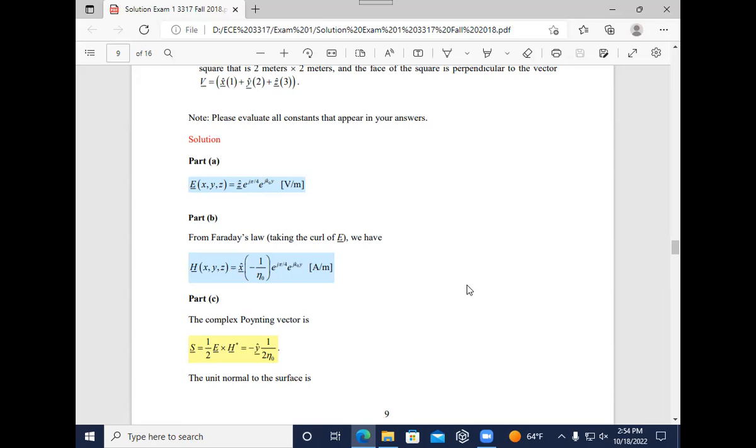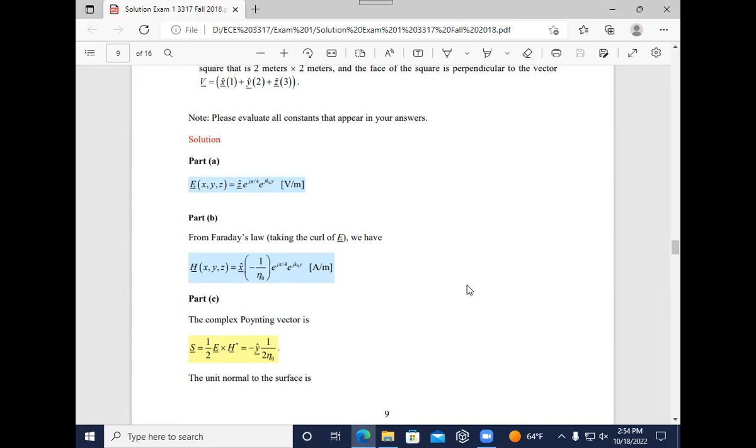The formula for curl of E. Now, notice that we only have an Ez component, right? Which is everything in front of unit vector z.